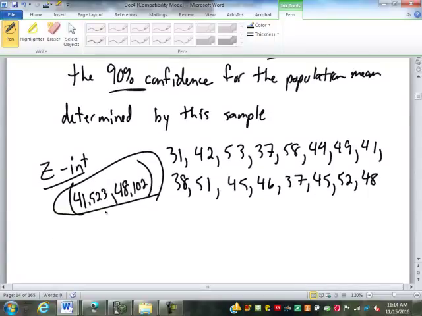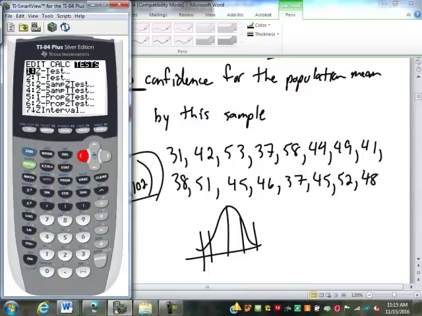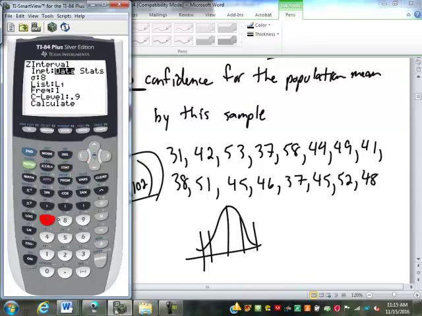Well, 95%, if I'm looking at that curve, 90% takes a swath this way. 95% would be wider. Let's double check that. Oops, let's do stat tests, 7. All we're going to do is change this to 95%. That's not what I wanted.